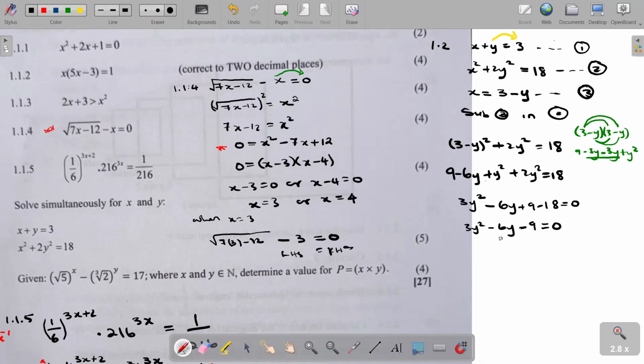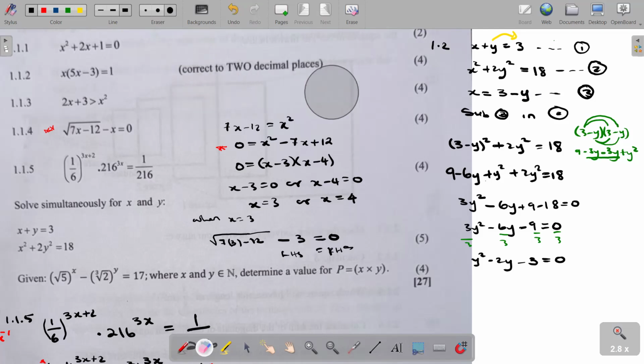We can simplify this. If we divide throughout by 3, it means we are going to get y squared minus 2y minus 3 being equal to 0. Then to solve that, let's create space here.